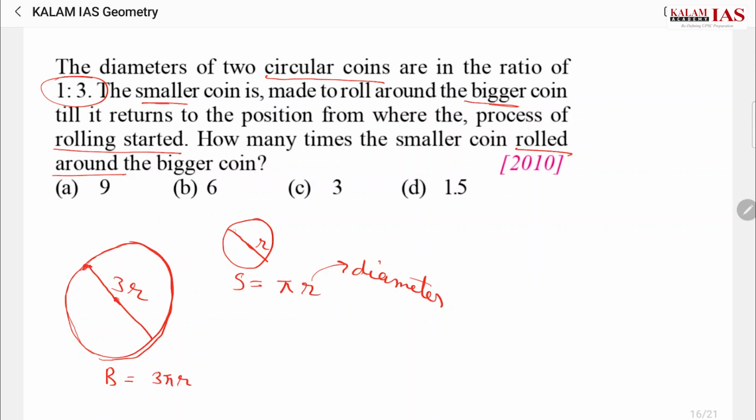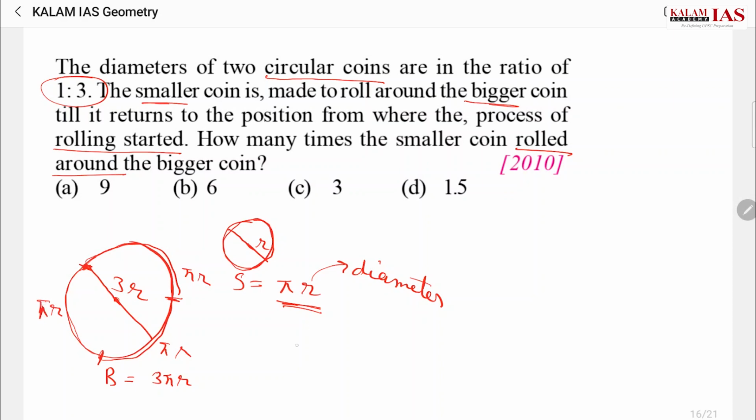Now when the smaller coin rotates one circle, it will cover a length of pi r. So suppose it starts from here, it will cover some length till here, which is equal to pi r. Then again it will roll and cover a length of pi r, and then again it will roll and cover a length of pi r.